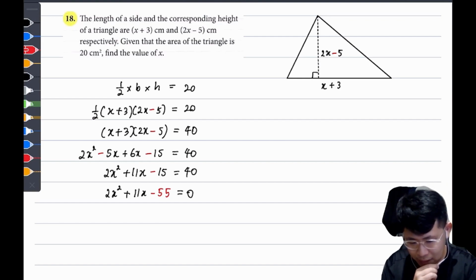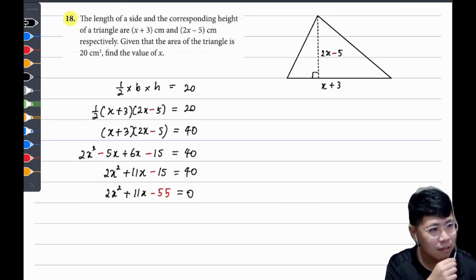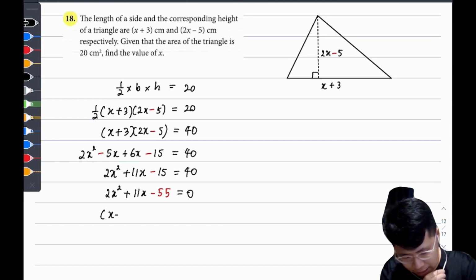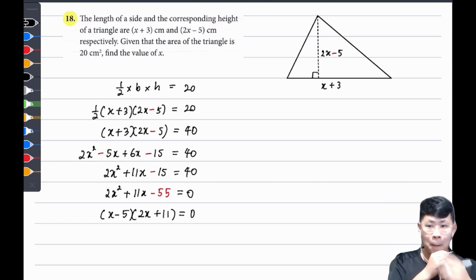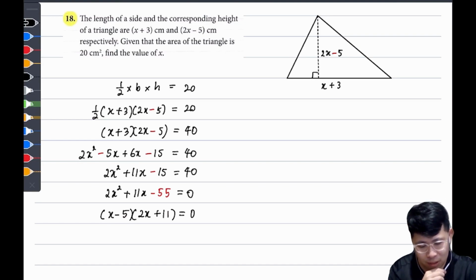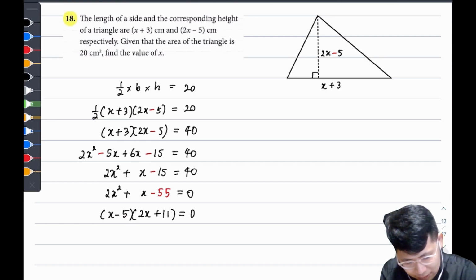Okay, so with this in mind, let's factorize. When I factorize, I get something like x minus 5 and 2x plus 11 equals to 0. Oh wait, it's not 11x, it's going to be 1x over here.